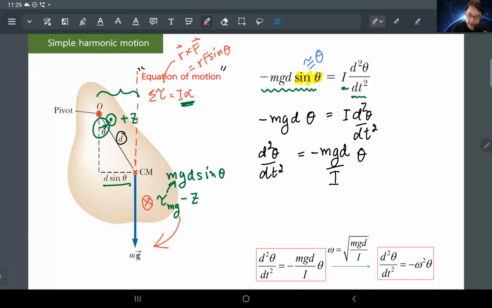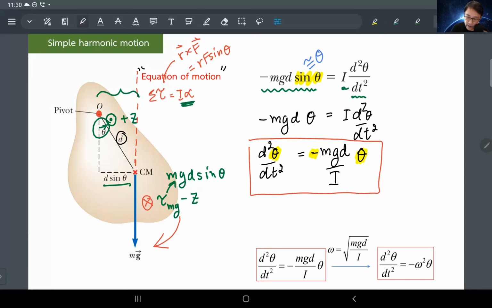And now you like this? Can you see it? Yes? Okay. What you are seeing over here is the pattern again. You have the theta that you want to solve. You differentiate it twice. You get the original function back with the negative sign.